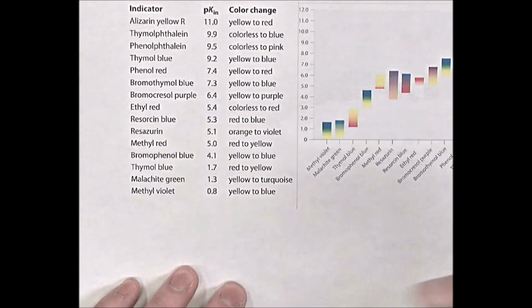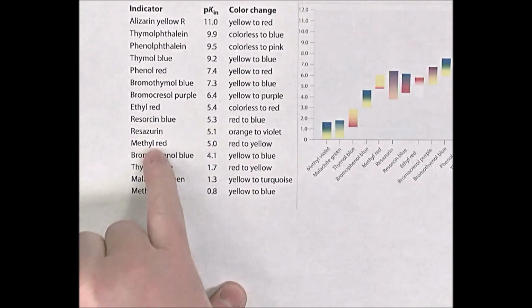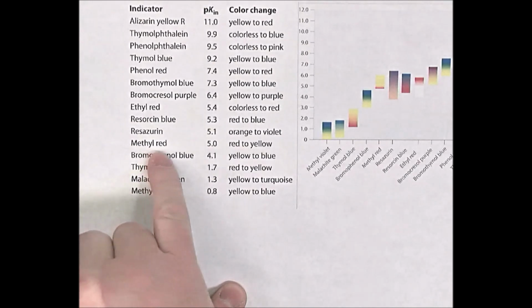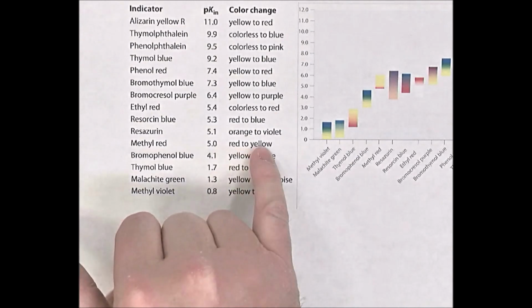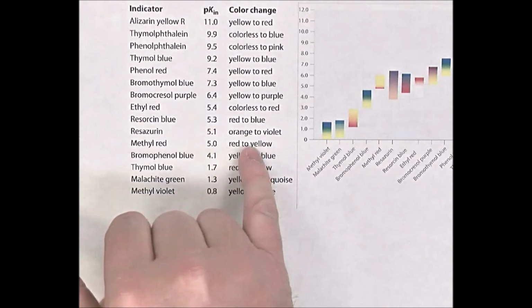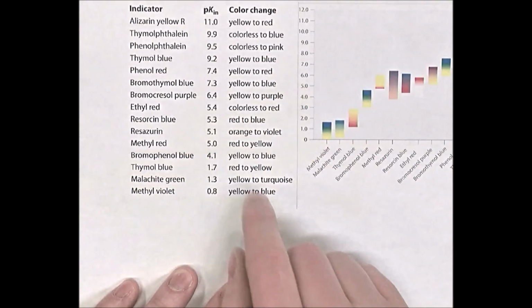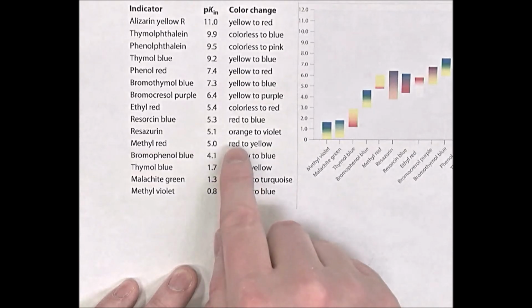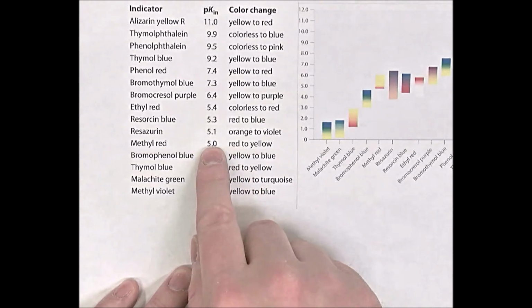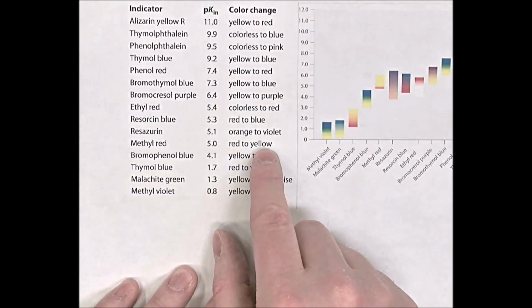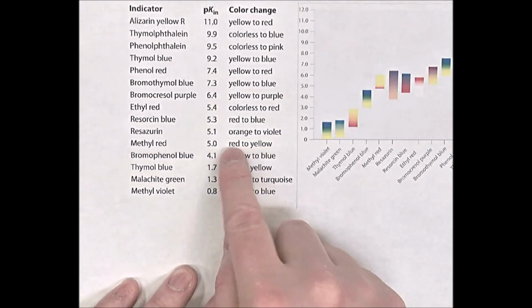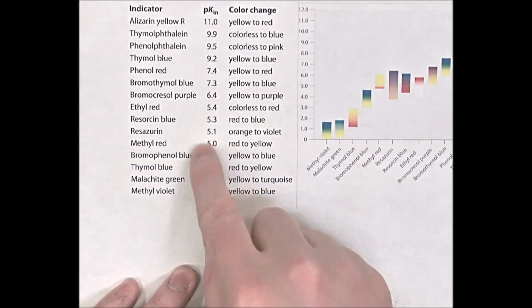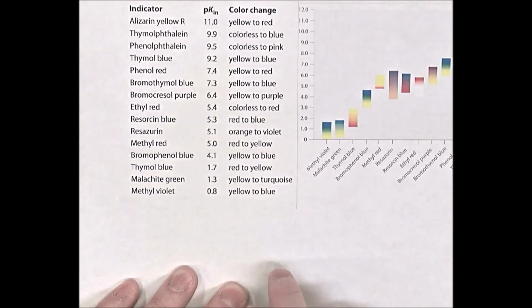One more, let's take a look at methyl red. Methyl red's pK indicator is 5, and it changes color from red to yellow. So with that information, we know that when we look over here at the table, we're going to see that methyl red is a red color below pH 5. It's a yellow color above pH 5, and it should be changing color from red to yellow when the pH is close to 5, the pK indicator for methyl red.